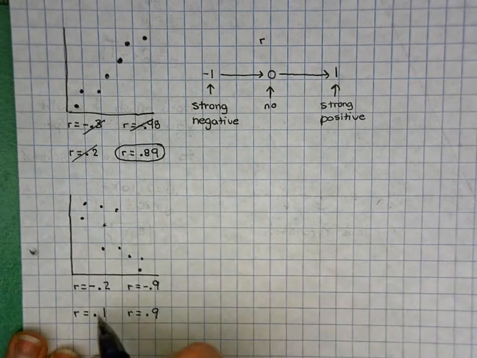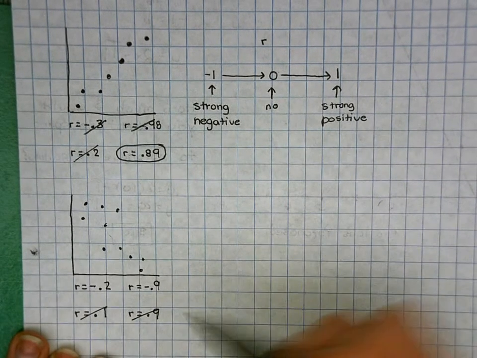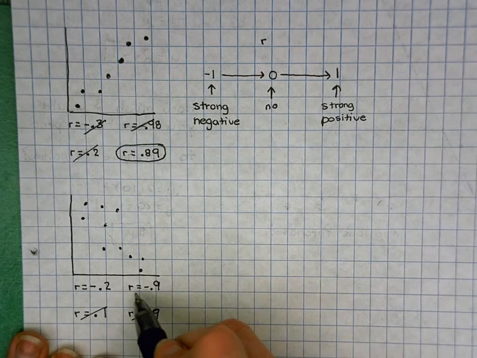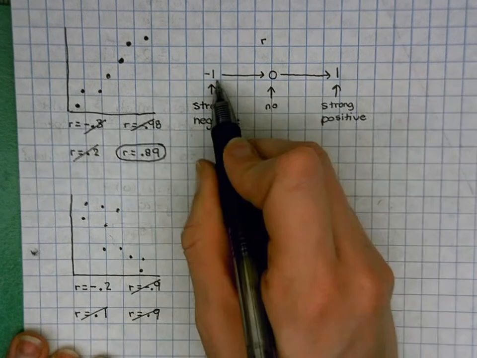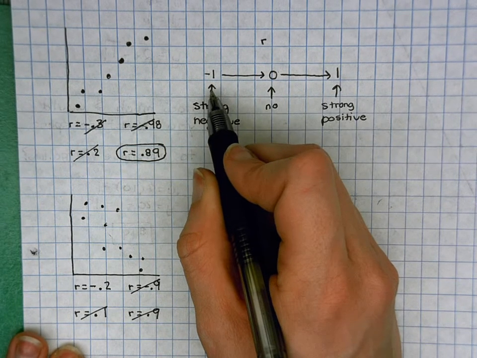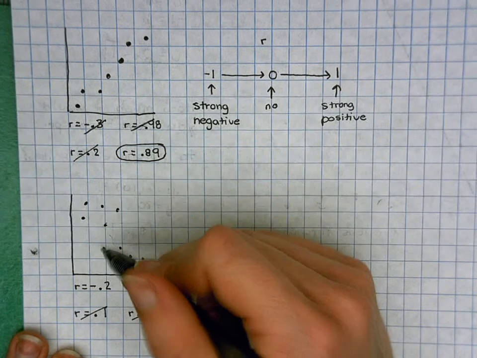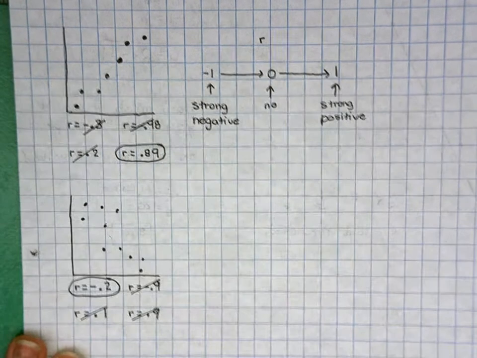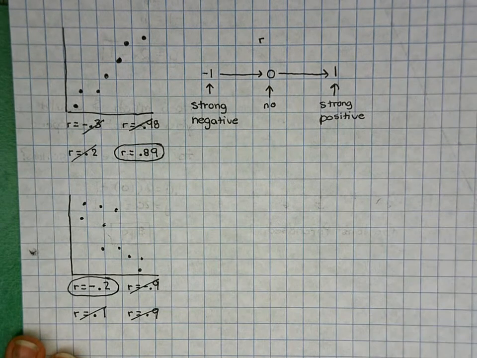So we're going to go ahead and cross off 0.1 and 0.9, because those aren't negative. But then between -0.2 and -0.9, -0.9 is definitely really close to -1, which would imply it was close to being a perfectly straight negative sloped line. So our R here is going to be -0.2. And that was our lesson today.